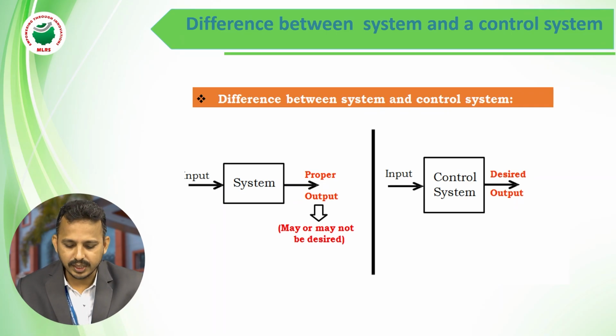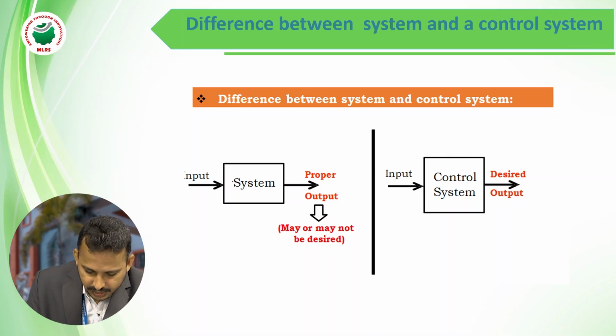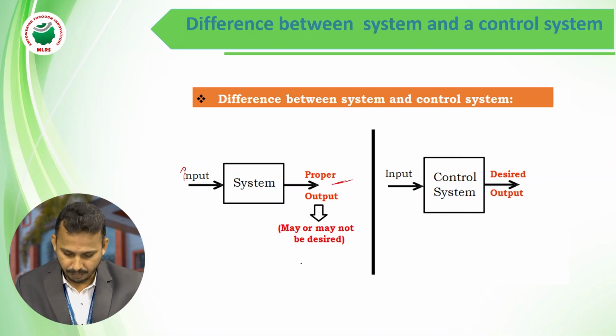The difference between a system and a control system is, suppose this is a system, and the input is applied here, and I am getting the output over here, which may not be a desired output.